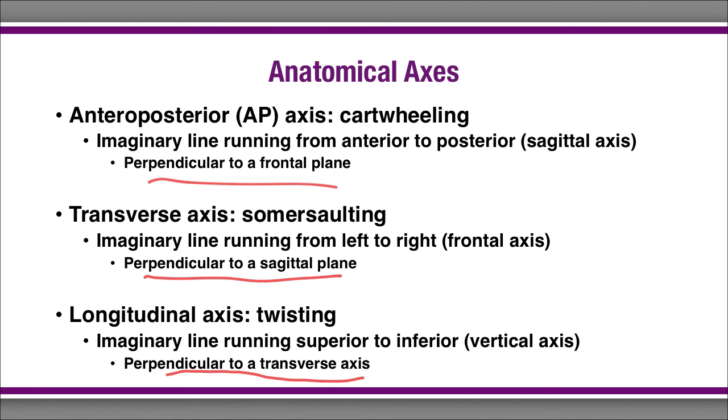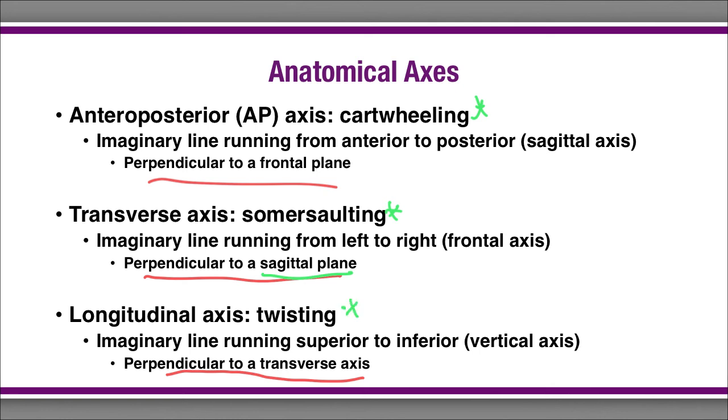So here we have an example of each of these. Cartwheeling is a motion that is about the anterior posterior axis within the frontal plane. Somersaulting is about the transverse axis and within the sagittal plane.